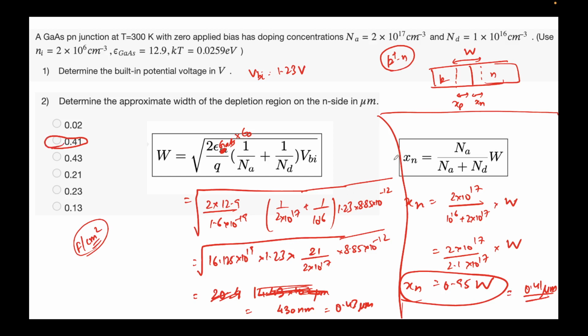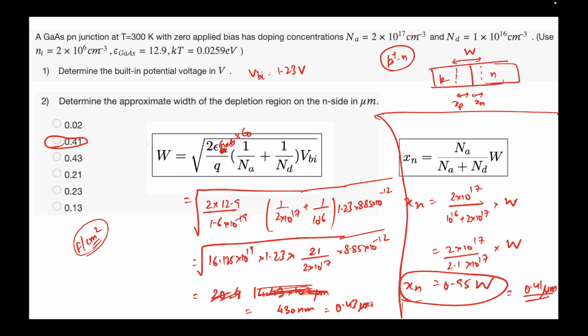How we reach there is the important part. What do we take away from this? We identify this is a P plus N junction. Why P plus N? Because doping on the P side is much higher, in fact 20 times higher than the N side, hence the depletion region has to be predominantly on the N side. Hence we see Xn is 95% of the depletion width.